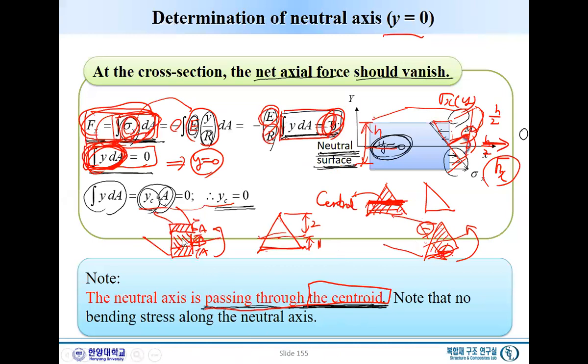Yes, if we have a different material, the equation will be a little bit complicated. For example, say this is in terms of magnitude, and this is E twice of E0, and this is just E0, then neutral axis, I will put... One such problem is we have two different materials here and there.